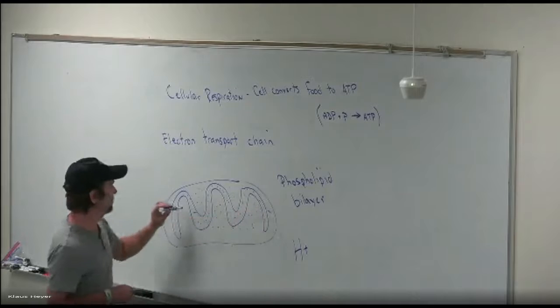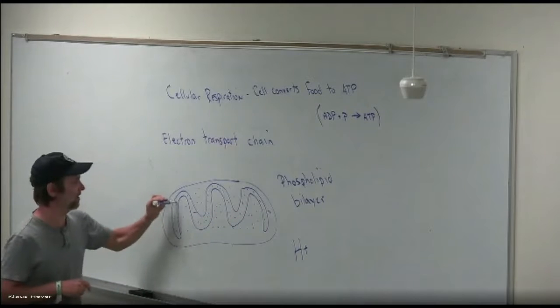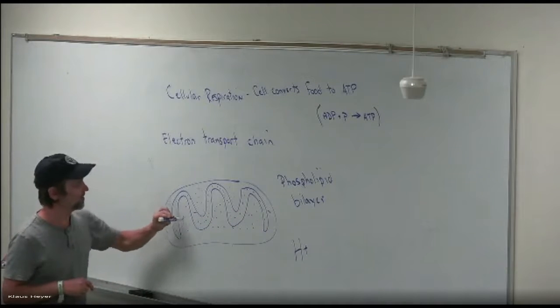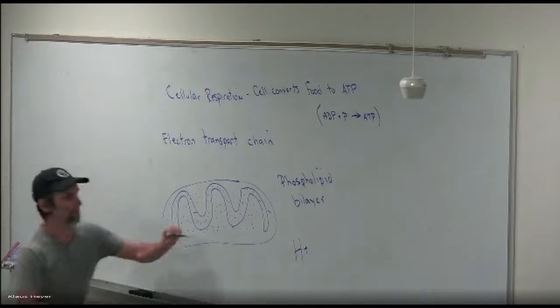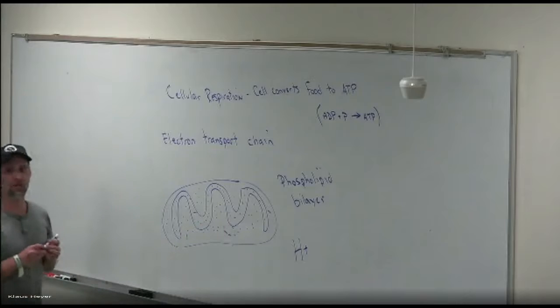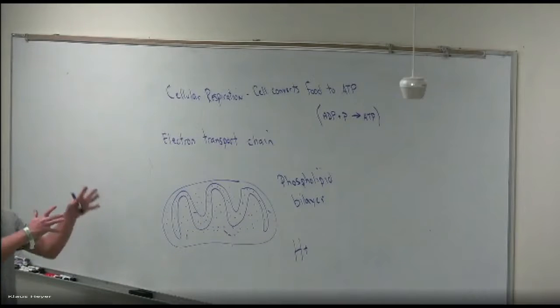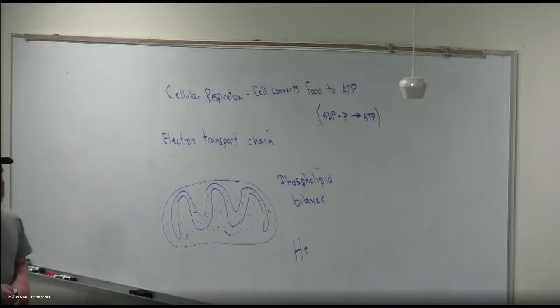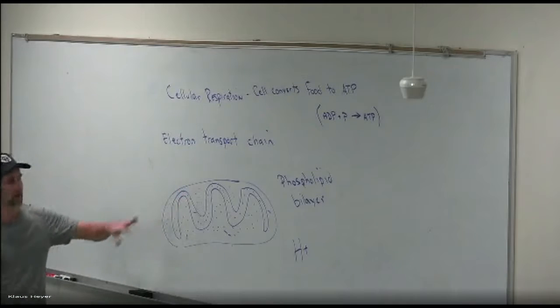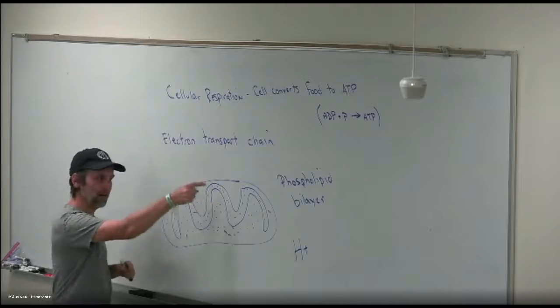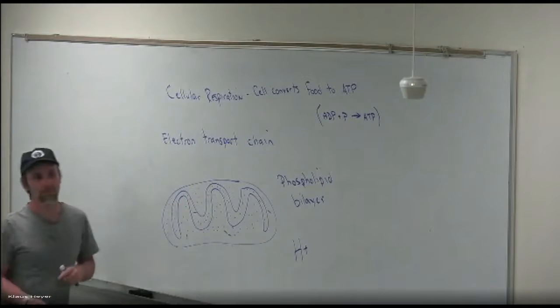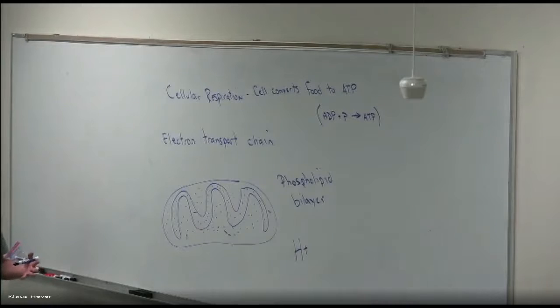So you see how I'm putting these dots to represent protons, and what I'm trying to show you is that they're equal. The hydrogen ions, or the protons, they're equal. There's an equal amount inside here and outside of here. All right, so that's just the normal state.